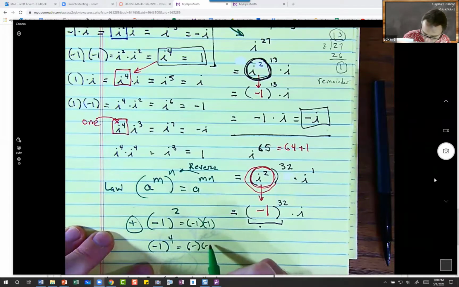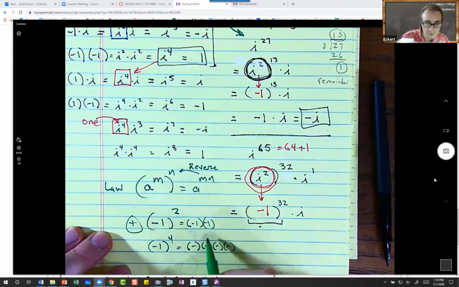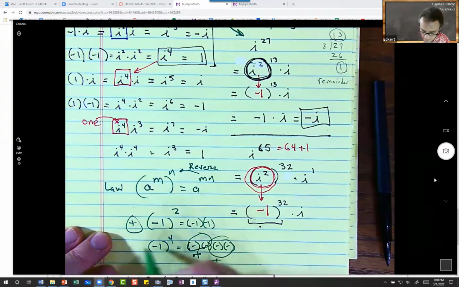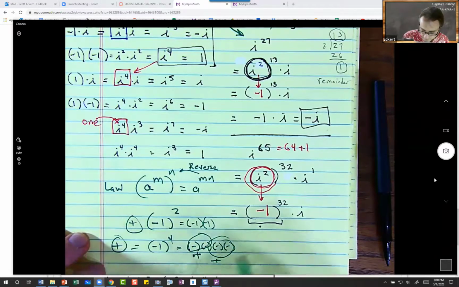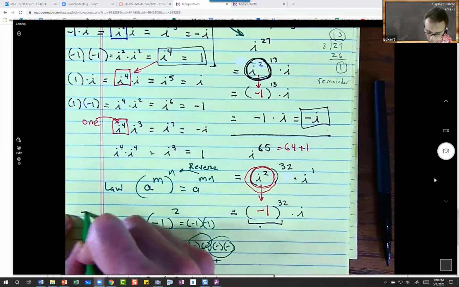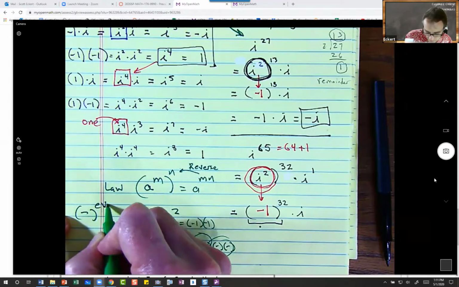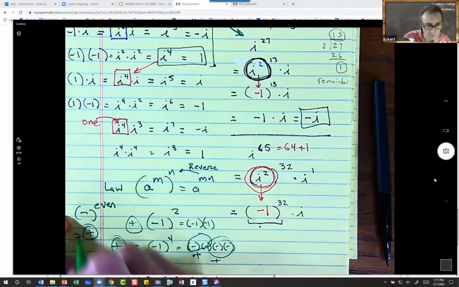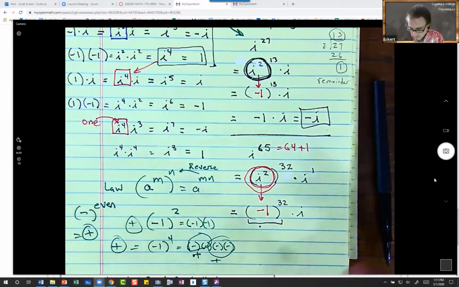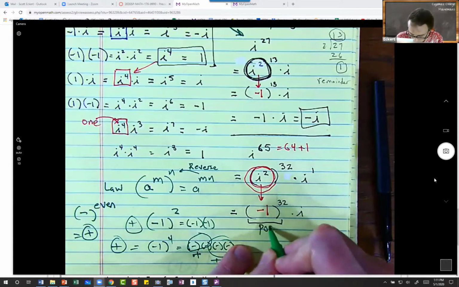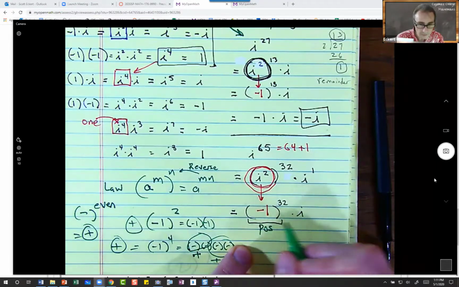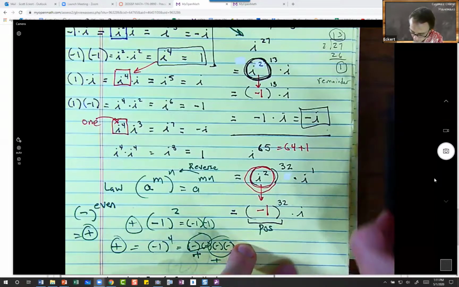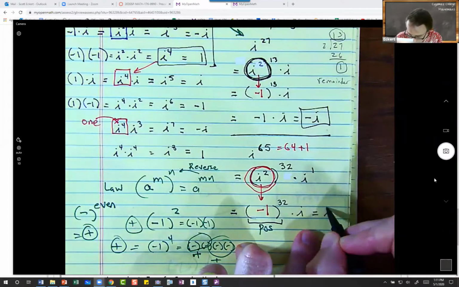Negative, negative, negative, negative. So these two will be positive, and these two will be positive. In the end, it's going to be positive. So if you have a negative to an even power, it's always going to equal a positive answer. So this guy is positive. +1 times I is going to equal I.